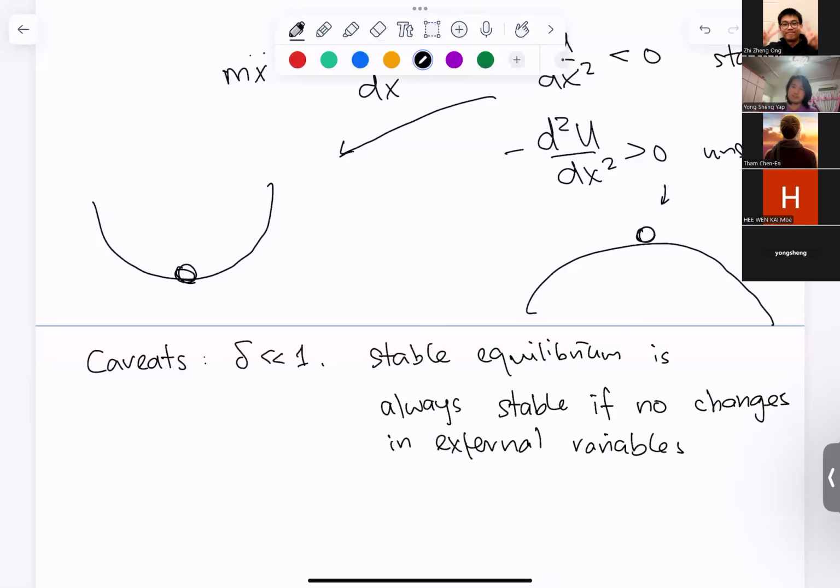What I mean is that if you just displace the system from a stable equilibrium point without changing anything else except making a displacement from the equilibrium point, then it's always stable.